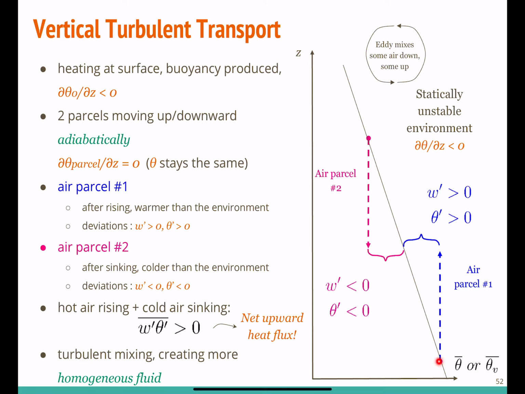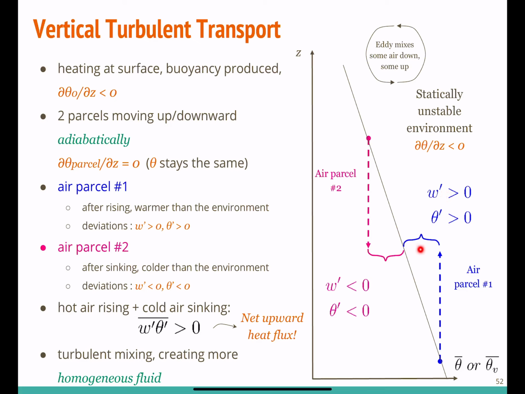So this air particle is going up, for example, which means that W prime is larger than 0. And when you are here, you are warmer than the environment, which is from this profile, which means that this is an upward heat flux because W prime is positive and theta prime is also positive.